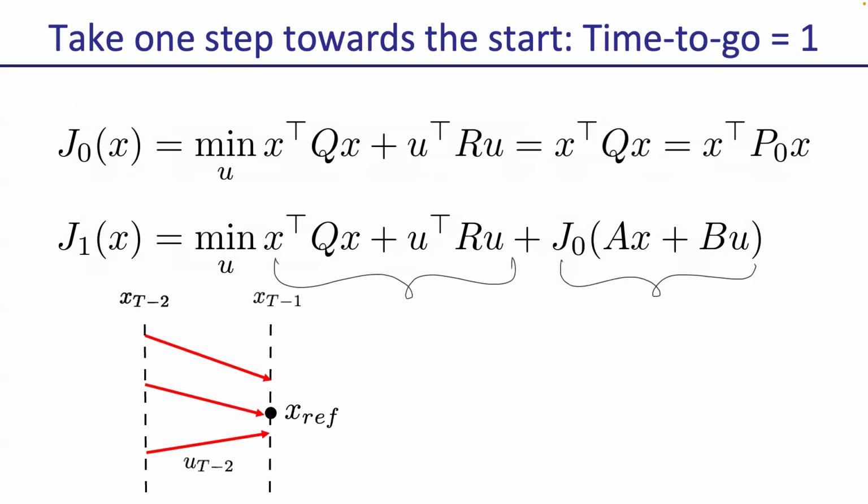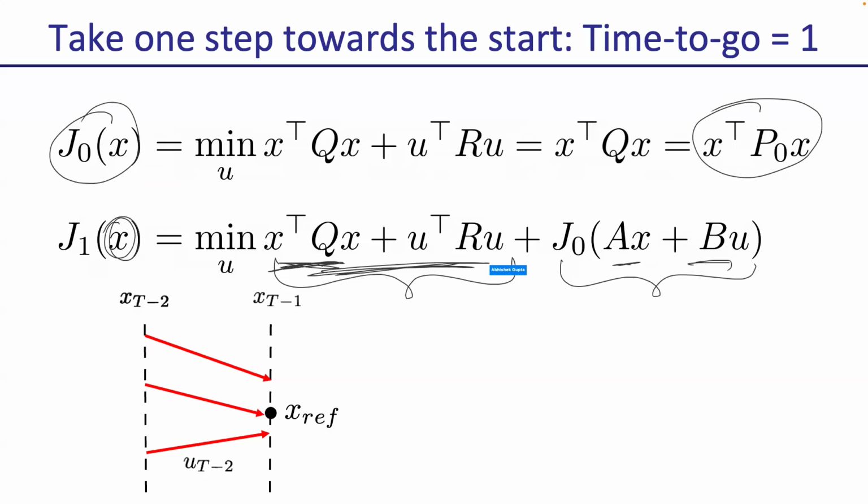If you remember, J naught X was X transpose P naught X, but the state you're going to be at is going to be AX plus BU. So at the second last step, let's say you're trying to find the cost at X. You're going to say, what is the immediate cost at X plus the immediate cost on some U? And then you're going to transition because you know the dynamics are linear, so you know that x t plus 1 is A x t plus B u.